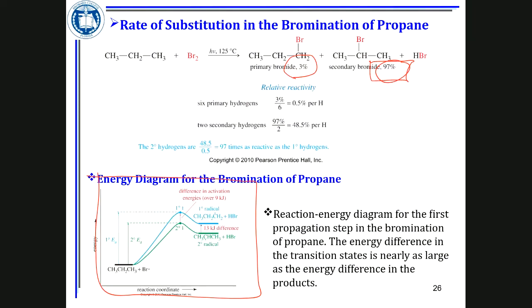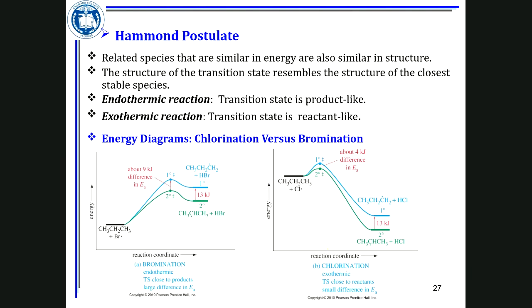Chlorination versus bromination, energy diagram, and Hammond postulate. What is the Hammond postulate? It says that for a reactant that is not very selective, or is very reactive, the transition state is closer to the reactant, in energy and in structure, because the energy diagram basically shows what the structure looks like.